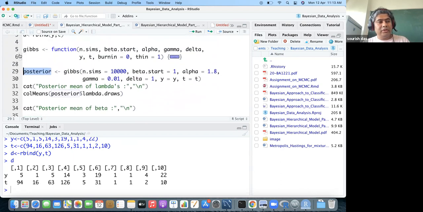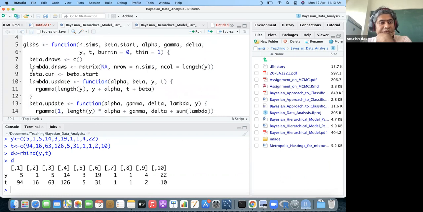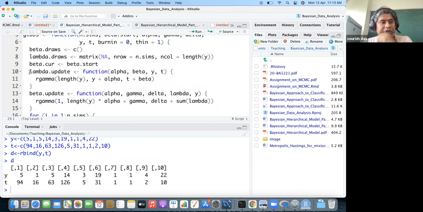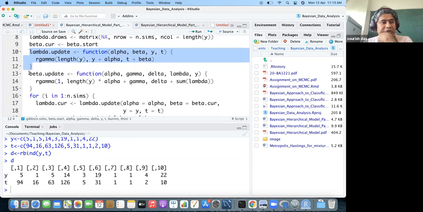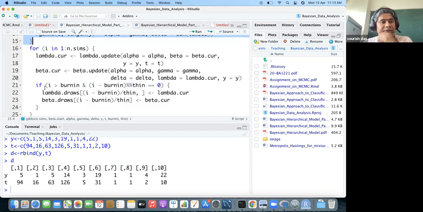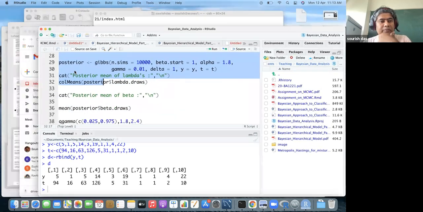So the Gibbs sampler effectively first writes a built-in function for updating lambdas. It writes the Gibbs sampler for updating betas, and then it runs the simulation in iteration.